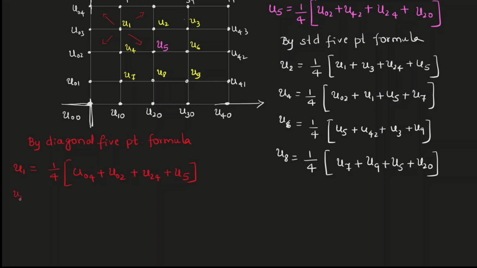Similarly, for U3 it is 1 by 4. This is your U3. This and this. For U3 it is U24 plus U44 plus U5 plus U42. These are diagonal.